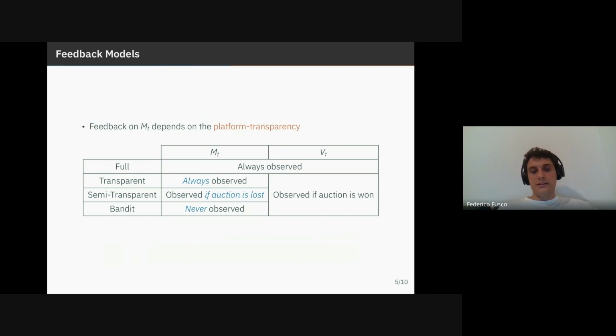That is something that is actually implemented in practice, where the platform always reveals the winning bid. So from the bidder perspective, this means that MT is only revealed if the current auction is lost. So these are the 4 feedback models we are going to study in this paper.